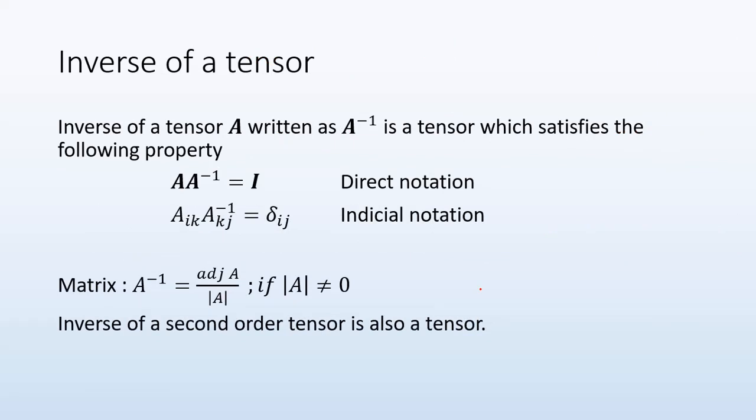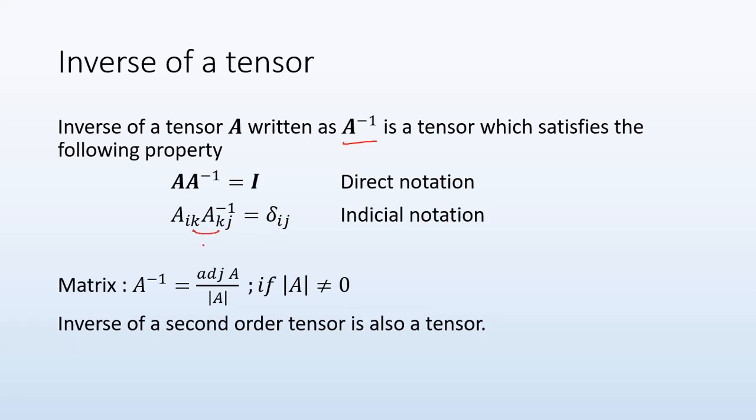Now let us see what is the inverse of a tensor. You are familiar with the inverse of a matrix. It is the same case: for a tensor A, the inverse can be written as A inverse. It satisfies the property that A A inverse will be equal to I. In index notation, I can write A_ij A^-1_kj will be equal to delta_ik.